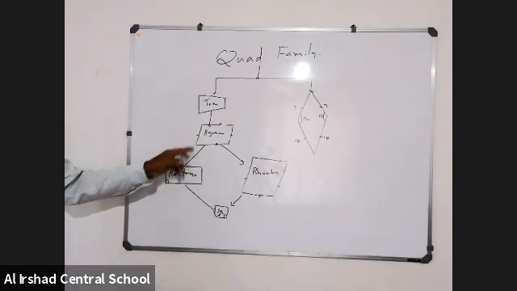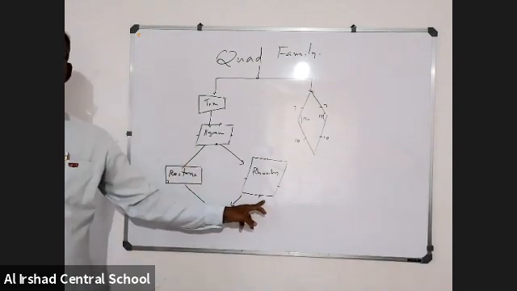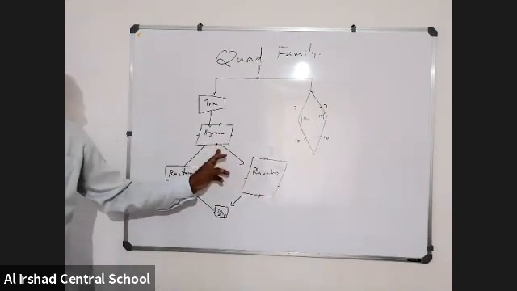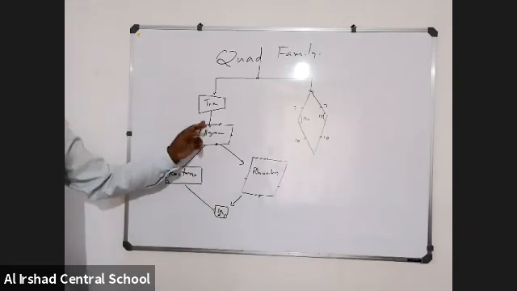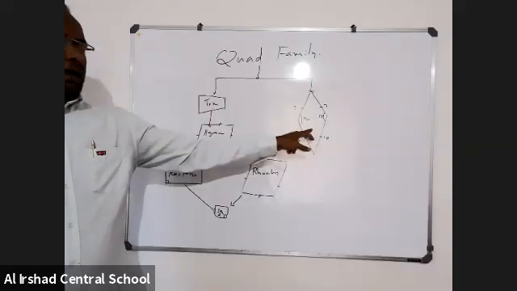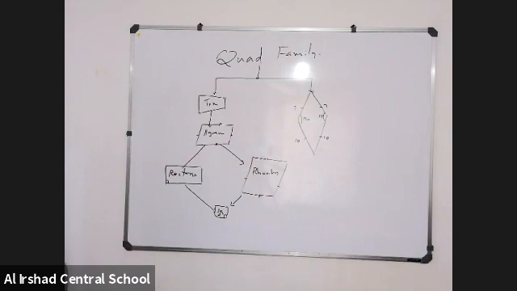Square is a parallelogram. Square is a trapezium. Square is a rhombus. Rhombus is a parallelogram. Rhombus is not a rectangle. That is why the deviation. Kite, you are a quadrilateral, you are not a parallelogram. Your properties are different.